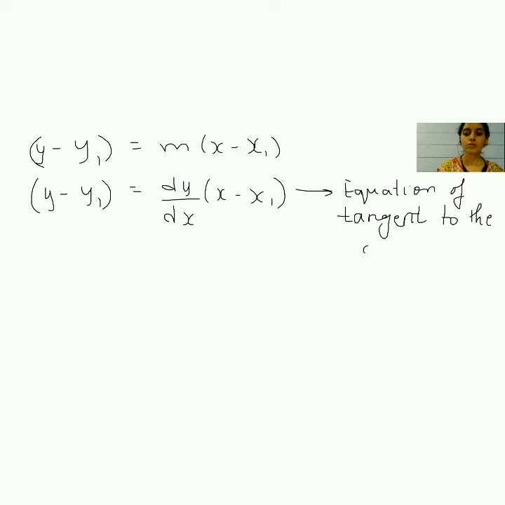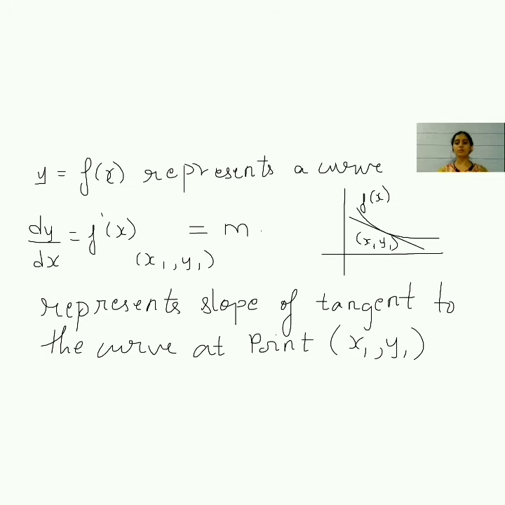Now, what about the normal to the curve? That means if the same tangent has a normal, let us say a perpendicular line, what is the slope of this perpendicular first, and what is the equation of this perpendicular over here? So let us find that out also.